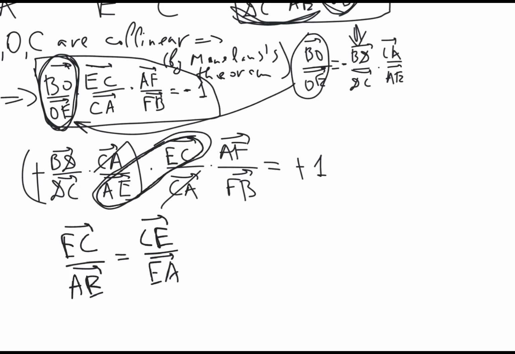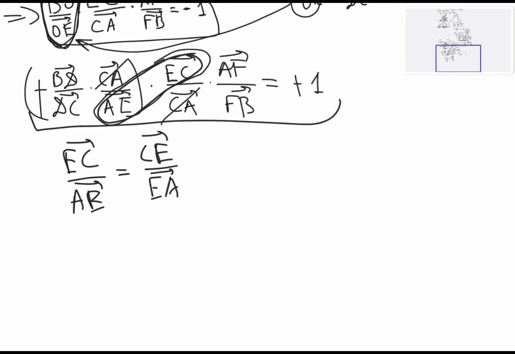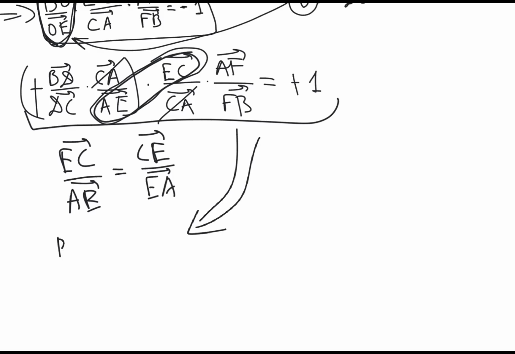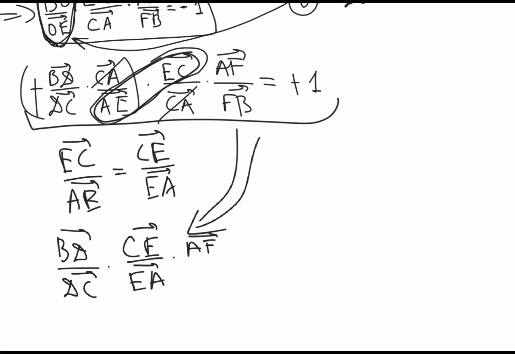So now the whole equality becomes BD over DC multiplied by CE over EA multiplied by AF over FB.